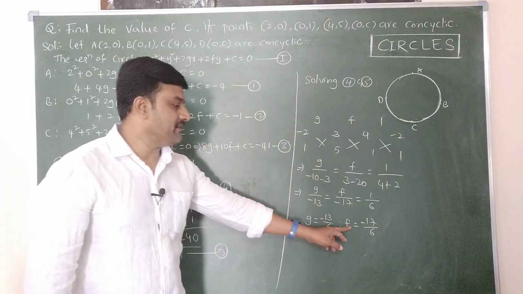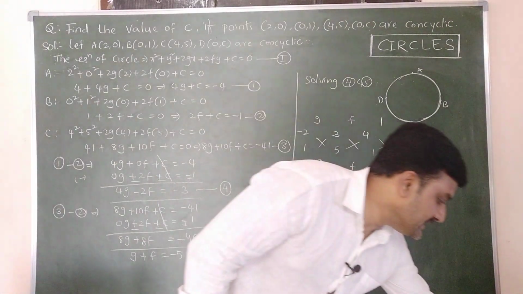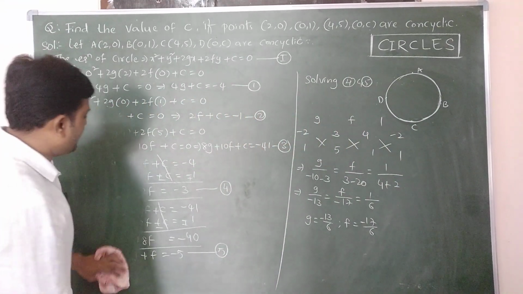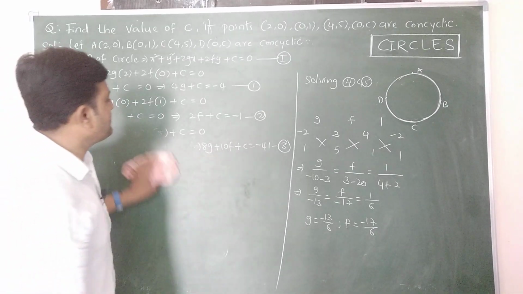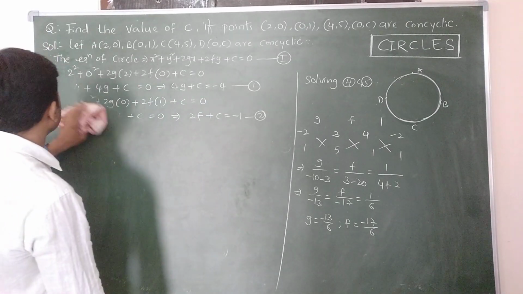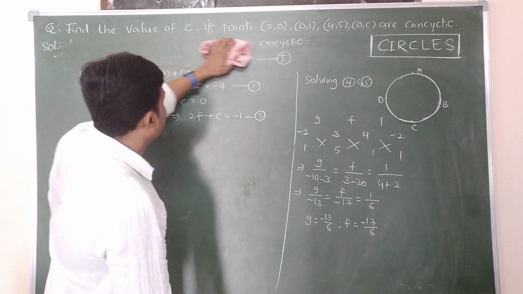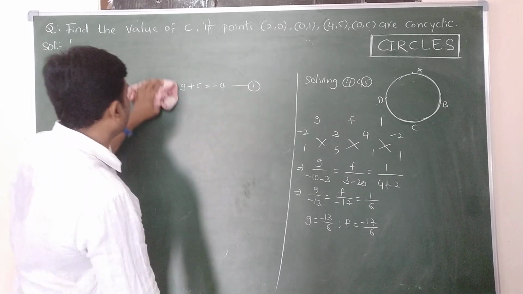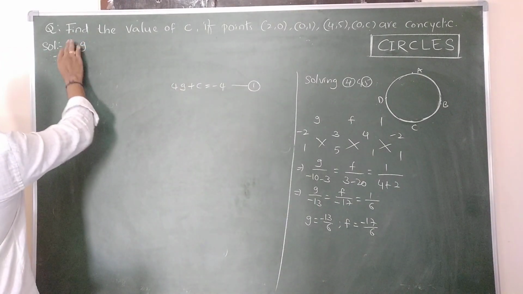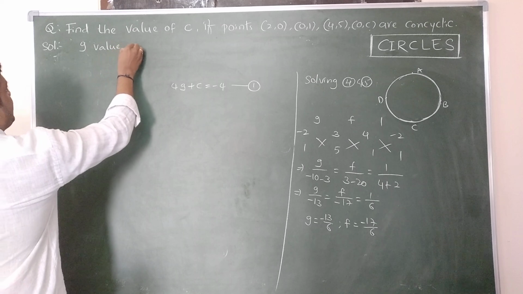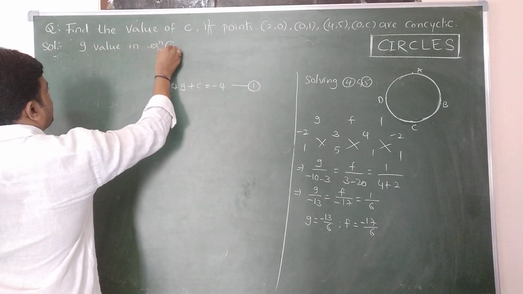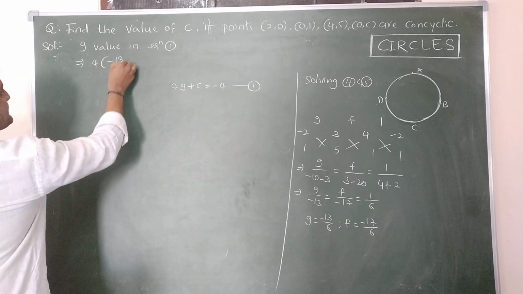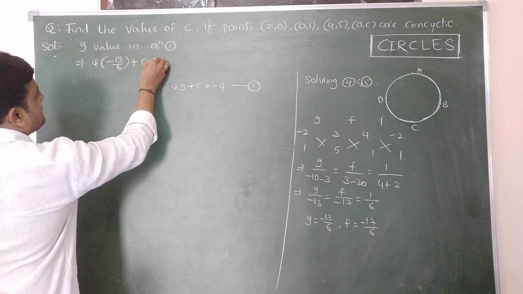Okay, g and f values are here. We need c. Then we can substitute the g or f values in equation 1 or 2, then we will get c value. Now we substitute the g value in equation number 1. The equation 1 becomes 4 into minus 13 by 6 plus c equals to minus 4.